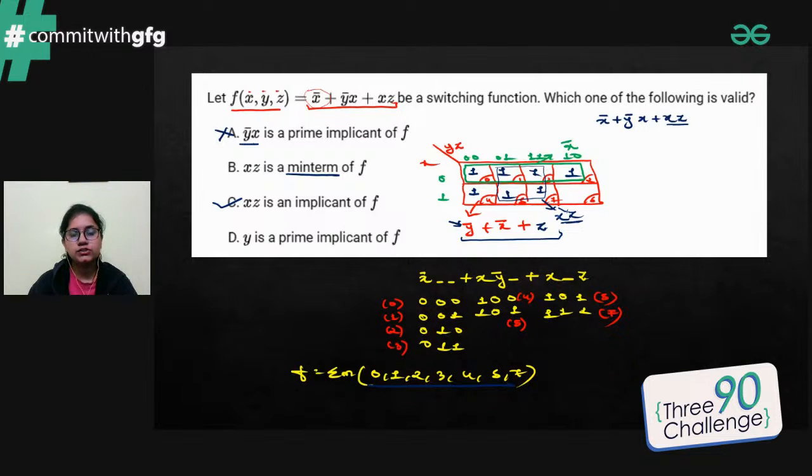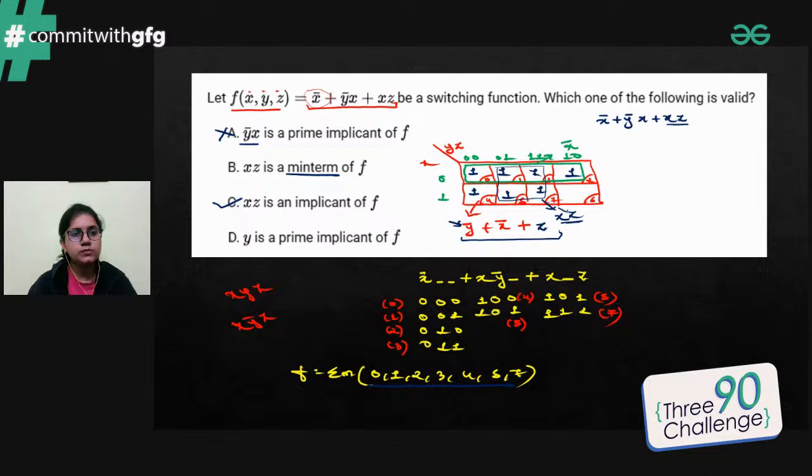Min terms should always be in canonical form. An example for this function would be xyz, or x y bar z, which should have all its variables given in the function.